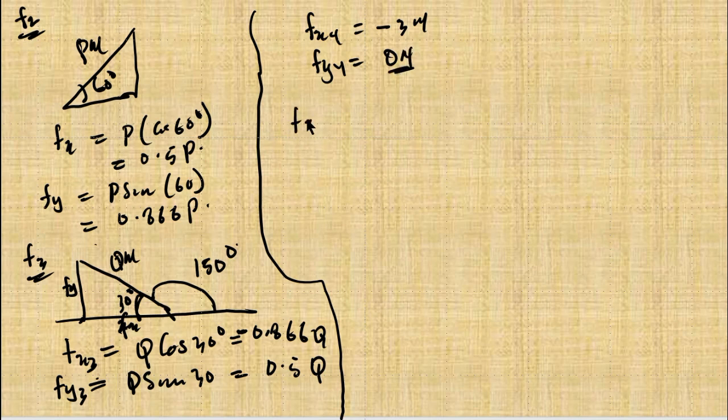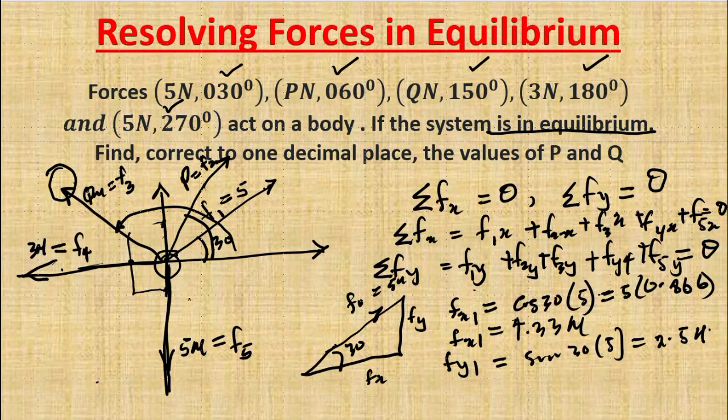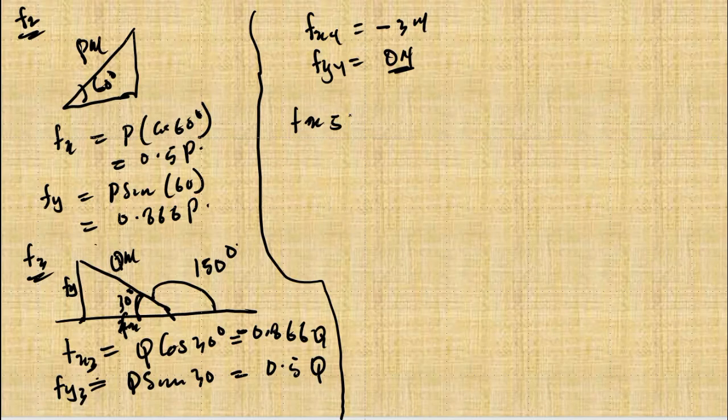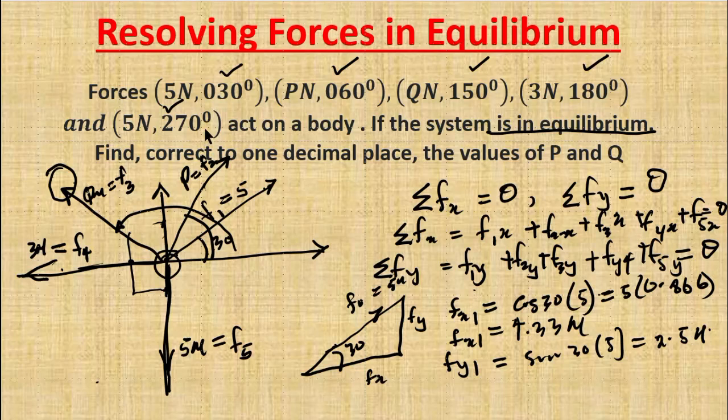And now we can look at Fx of 5 and Fy of 5. Now F5 is lying also on the y-axis, also in the negative direction. If you look at this, we can deduce that Fx of 5 will be the same thing as 0 Newton, while Fy of 5 will be the same thing as 5 newtons in the negative direction.